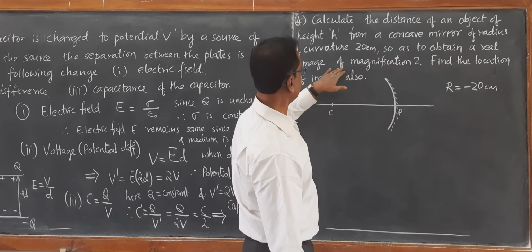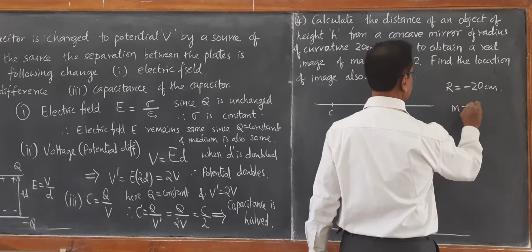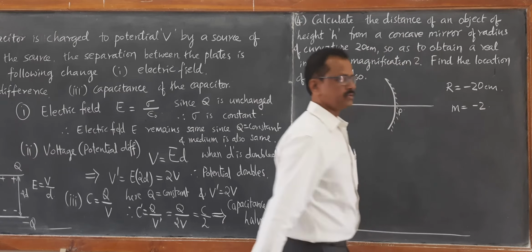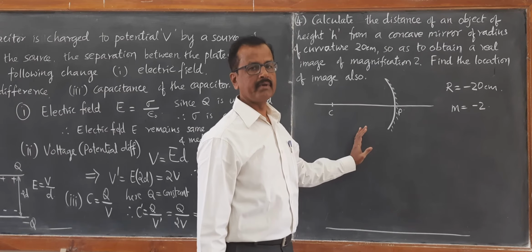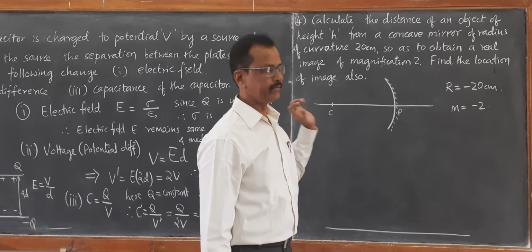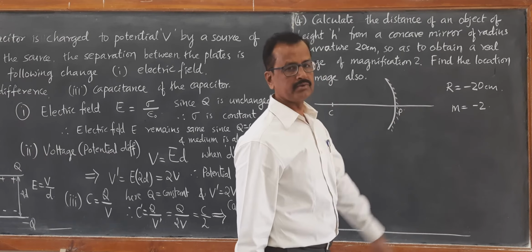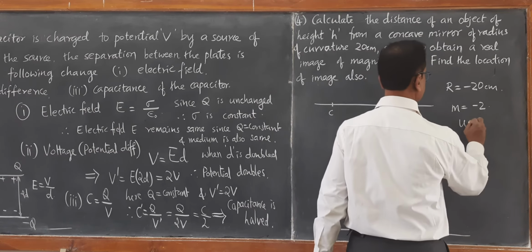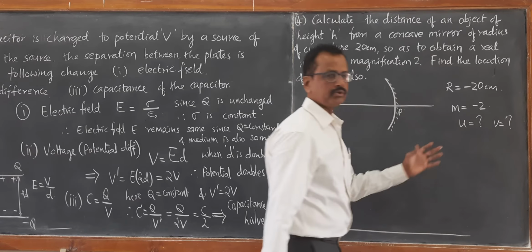So magnification is given. Here it is minus 2. For a real image from a concave mirror, magnification is always negative. Find the location of the image also. You are asked to find out both the object distance and the image distance.